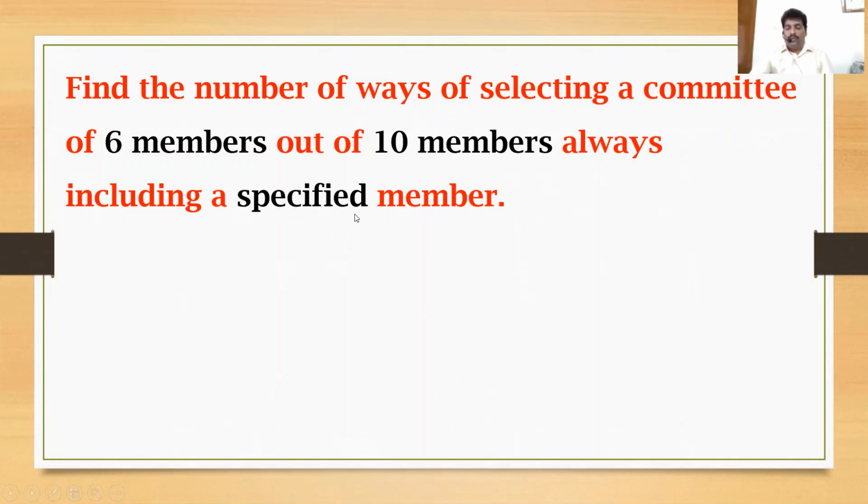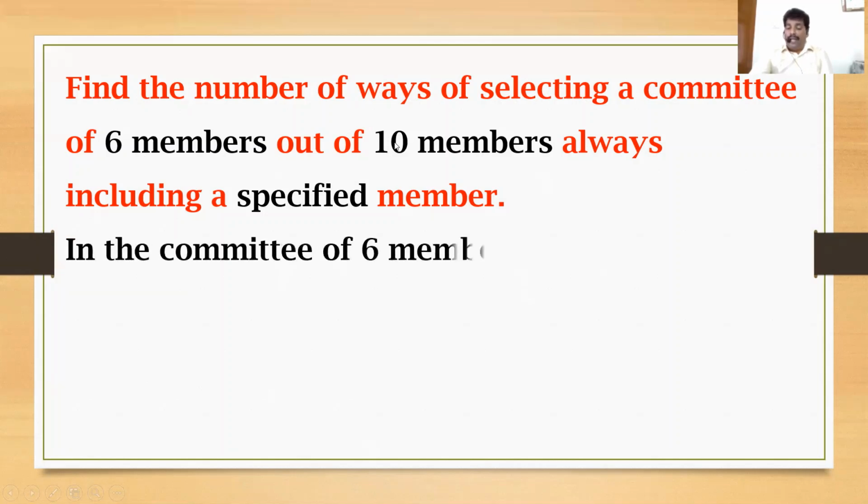So what we have to do is, in the committee one specified member is already there. So how many remaining members do you have to select? Only 5 members, because in the 6 member committee, the specified member is always included. So already is there, then you have to select only 5 members. Out of how many members? Out of 10 members, the specified member we have already taken, so the remaining 9 members only will be there.